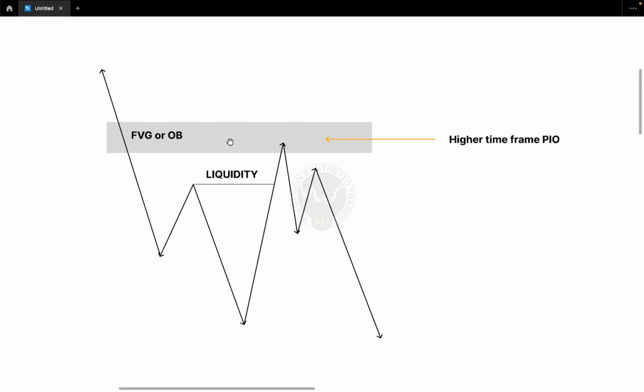So in this case, let's say for example this is the 4 hour, price is making a downward move, liquidity is created, we see there's a fair value gap created, so we are waiting for price to break this liquidity, enter our fair value gap or order block on the higher time frame, and then we are going to jump into the lower time frame for the formation that we just saw in the first slide, where we need to follow all the rules. So let's just recap. Higher time frame, fair value gap, order block, price needs to enter, and then we go to the lower time frame to find our entry.